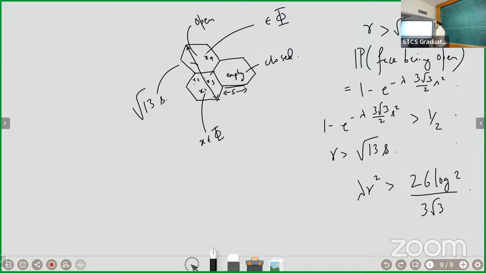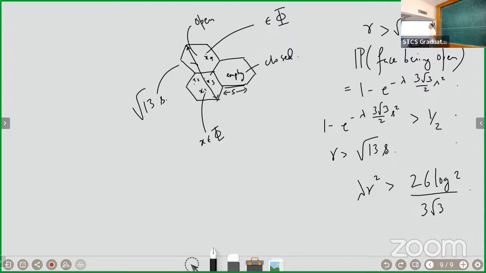What did I do here? I just defined this to be open. Yes. So what is the question? If I have 2 points very far apart, in the Gilbert's disk model, they are neighbor to each other, but in the honeycomb mapping, they are not neighbor to each other.